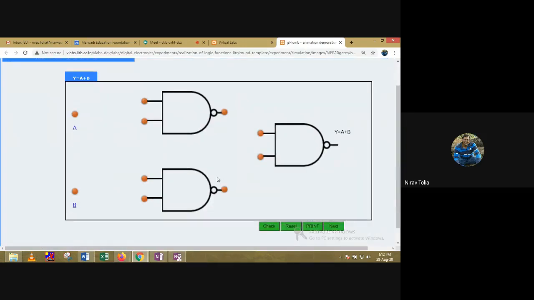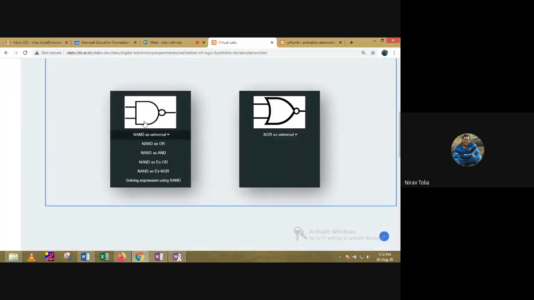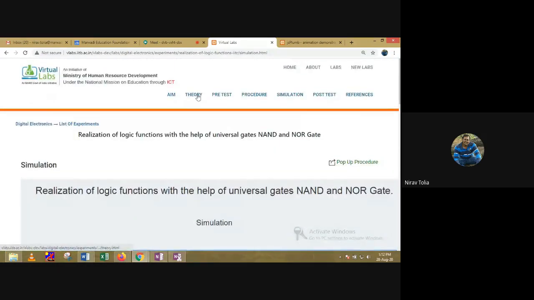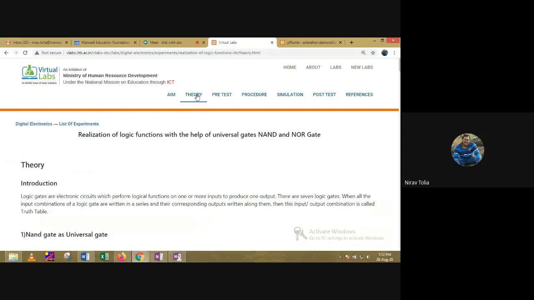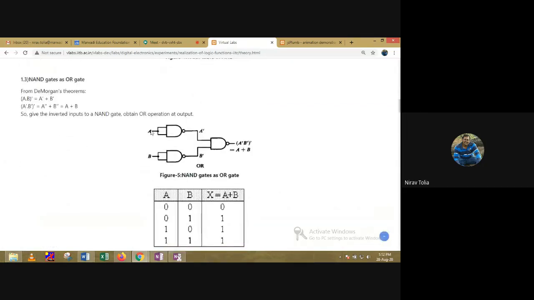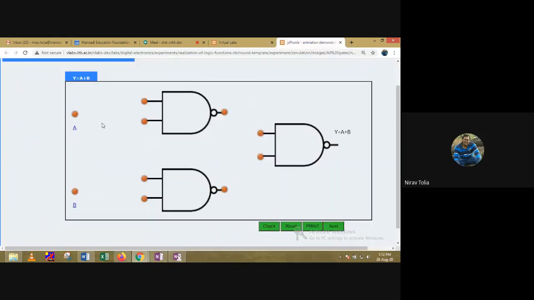When there is NAND as an OR gate, you jump to the theory. How it works: we have to connect like this, as you see. The A is connected to the first, again the A is connected to the same, then B is connected, and the output of A is connected to the third one.